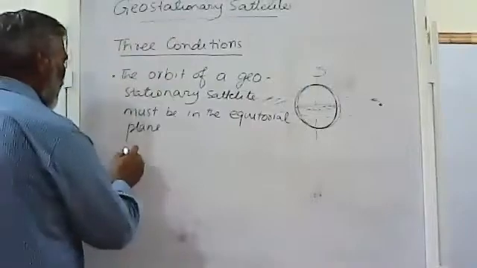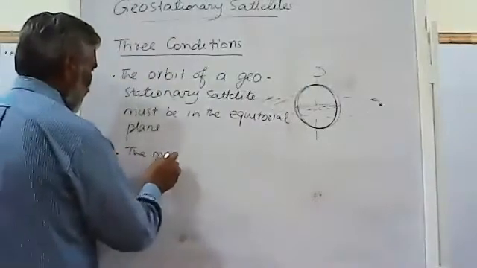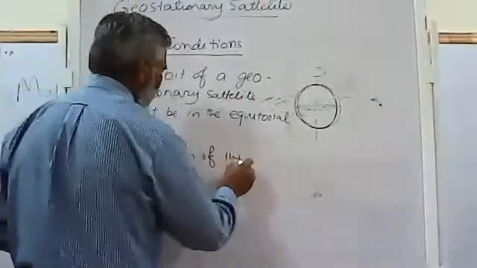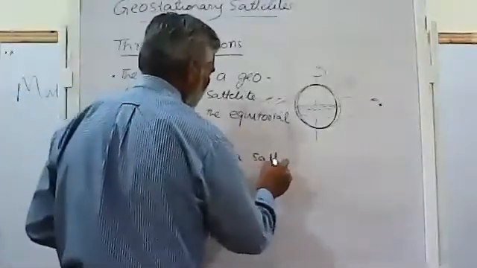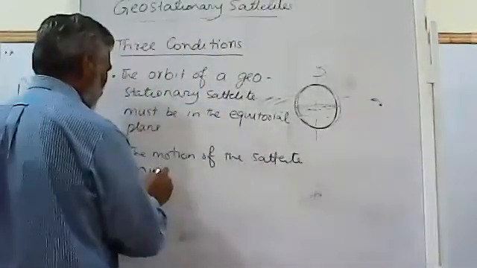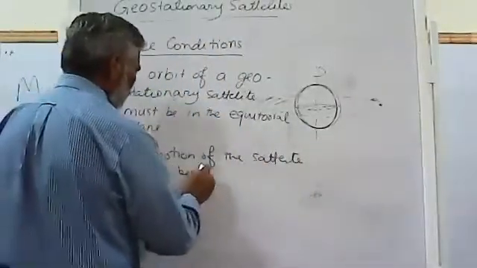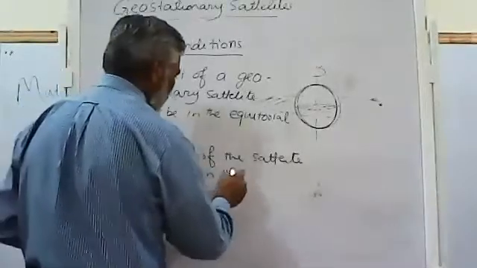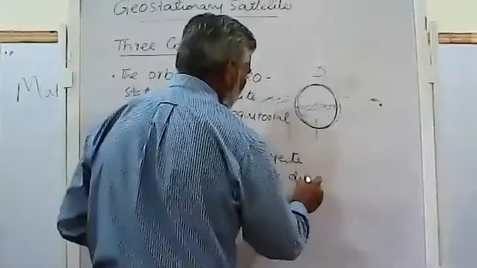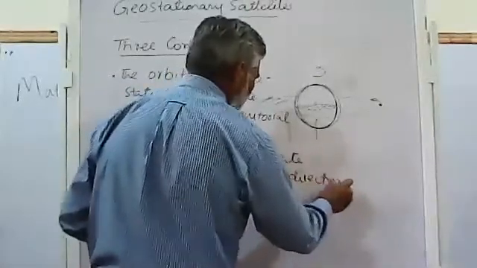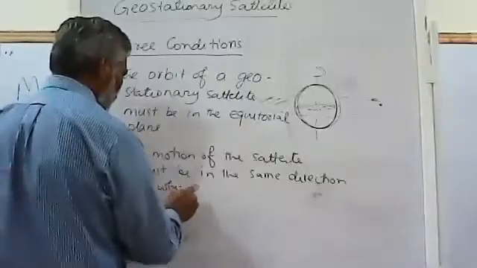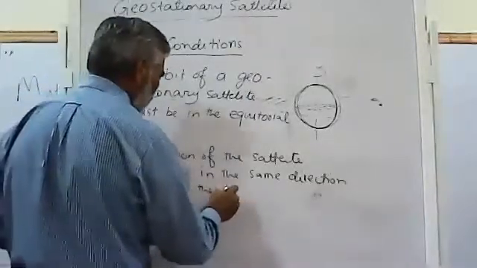So the motion of the satellite must be in the same direction in which the earth rotates.